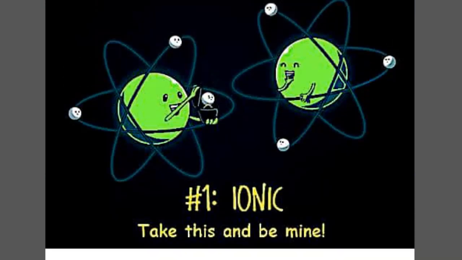What is it that is to be taken by one of the atoms? It is actually the electron, maybe 1, 2 or 3, and the other atom, which is ready to accept it, will be the other atom. Because of this transfer of electrons there will be an interaction, and it will be called the ionic bond.